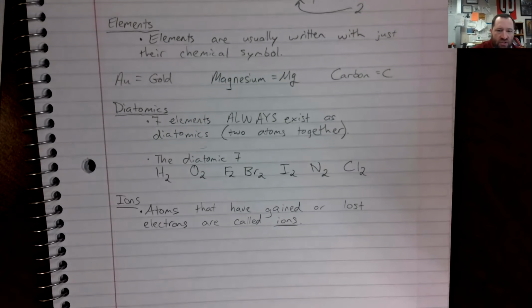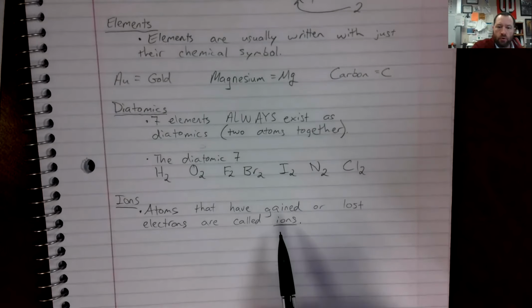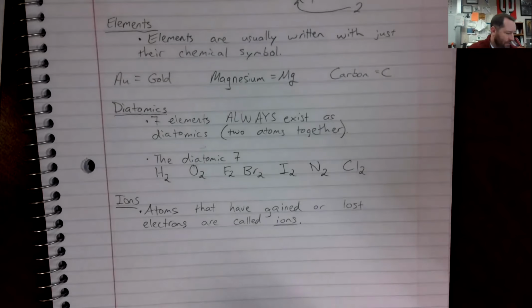Those positive and negatives cancel out, and you get a neutral charge. When atoms gain or lose electrons, they're known as what we call ions.